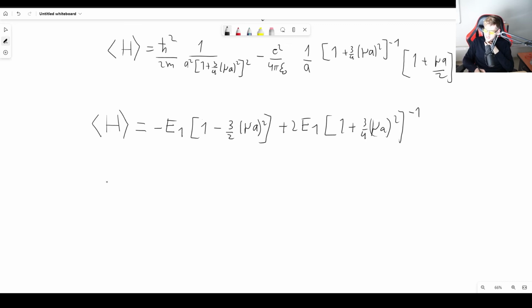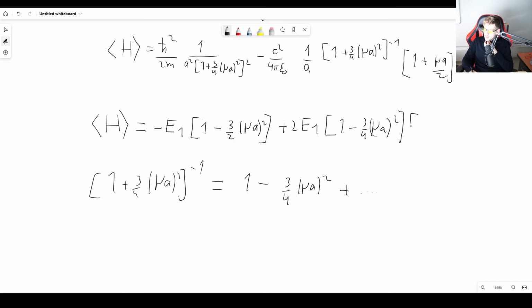But what is this? Let's expand it. So this is simply going to be 1 minus 3 over 4 mu a squared. And any higher order terms are going to be negligible. So basically, we put a minus sign in there.